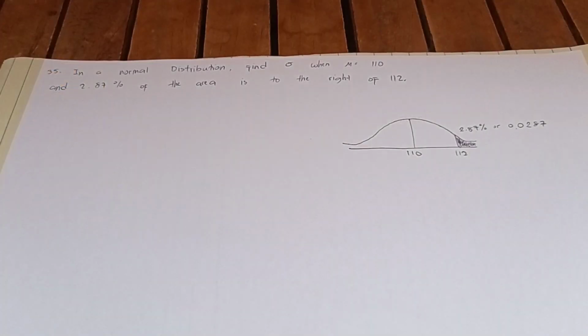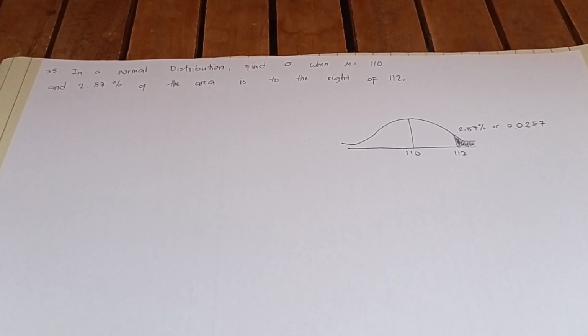Good day everyone, I'm John Cyrus Picabrasos from BS EdMath 3B. Here we have another problem from exercise 6.3, item number 35, in which we need to find the standard deviation when the mean is equal to 110 and 2.87% of the area is to the right of 112.